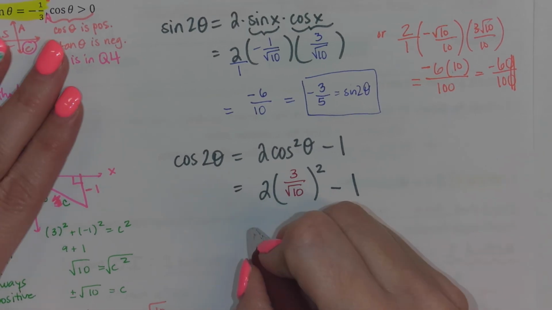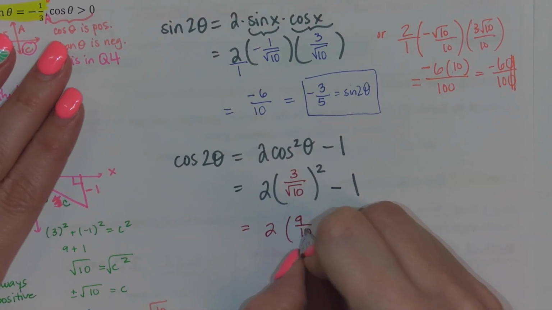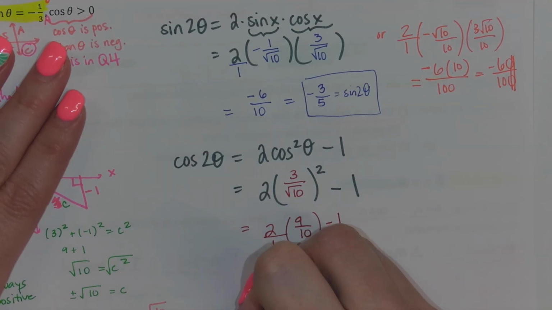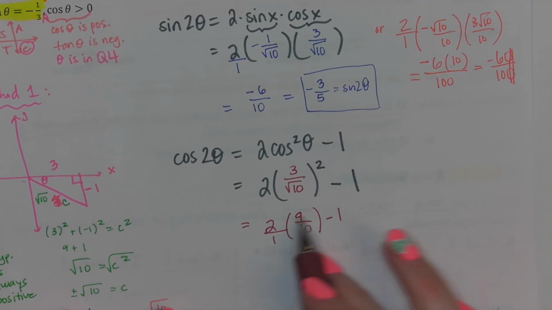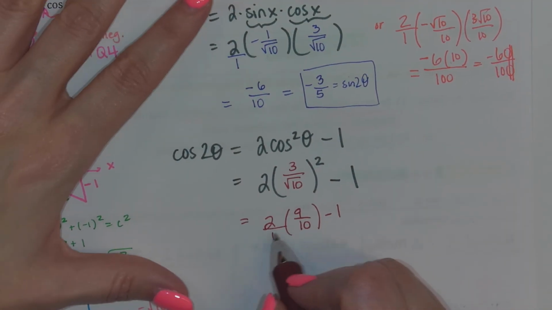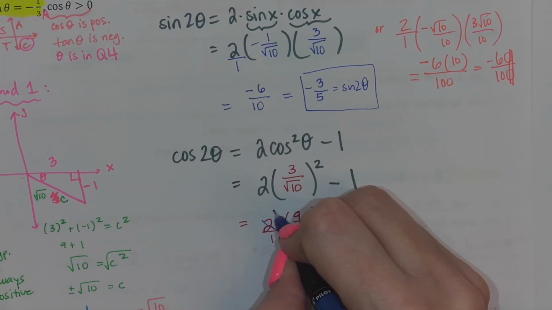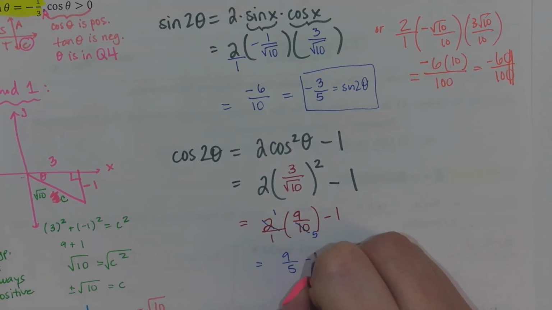Alright, so then when you square that, you have 2 times 9/10. 3 squared is 9, root 10 squared is 10, minus 1. You can put this over 1. Okay, you can multiply 18 over 10 and then reduce. Or you can just reduce here. So 2/10 is 1/5. So this would be 9/5 minus 1.